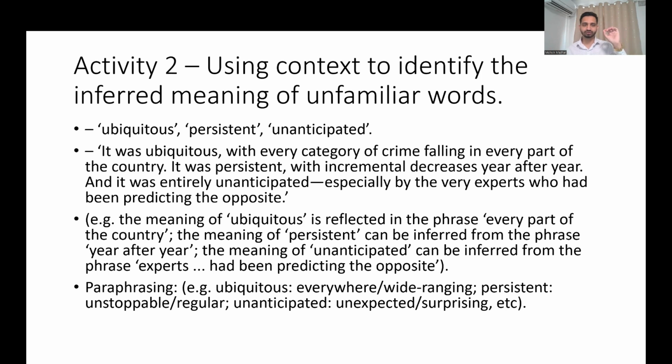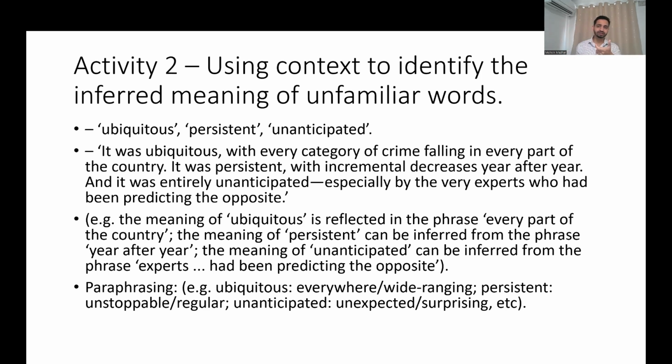The first one is ubiquitous, with every category of crime falling in every part of the country. The second one is it was persistent, with incremental decreases year after year. And it was entirely unanticipated, especially by every expert who had been predicting the opposite.